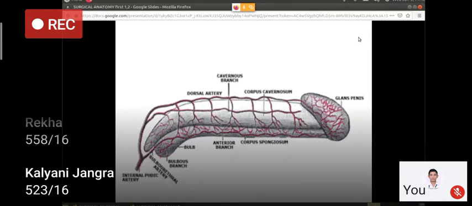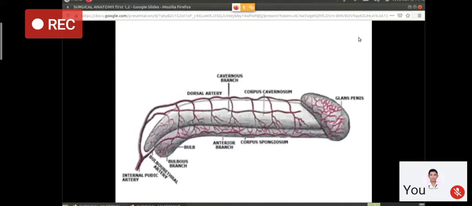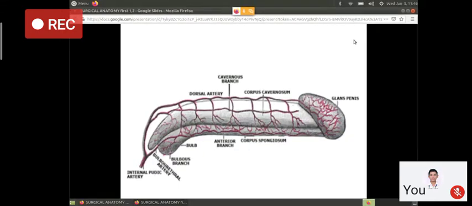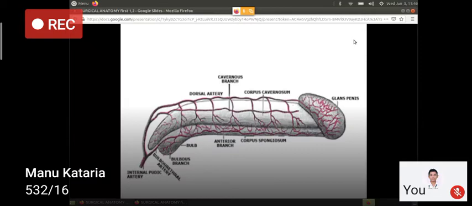One is the bulbourethral artery, the other the dorsal artery. The dorsal artery also gives branches to the corpus cavernosum and corpus spongiosum. The bulbourethral artery gives the anterior branch to the bulb and corpus spongiosum. The glans is very richly supplied with blood by two branches of the internal pudendal artery.